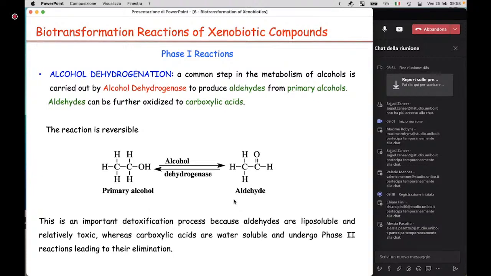Another important change that the molecule can undergo is alcohol dehydrogenation. Of course, the corresponding enzyme is alcohol dehydrogenase. The name says it all. This molecule is an alcohol.